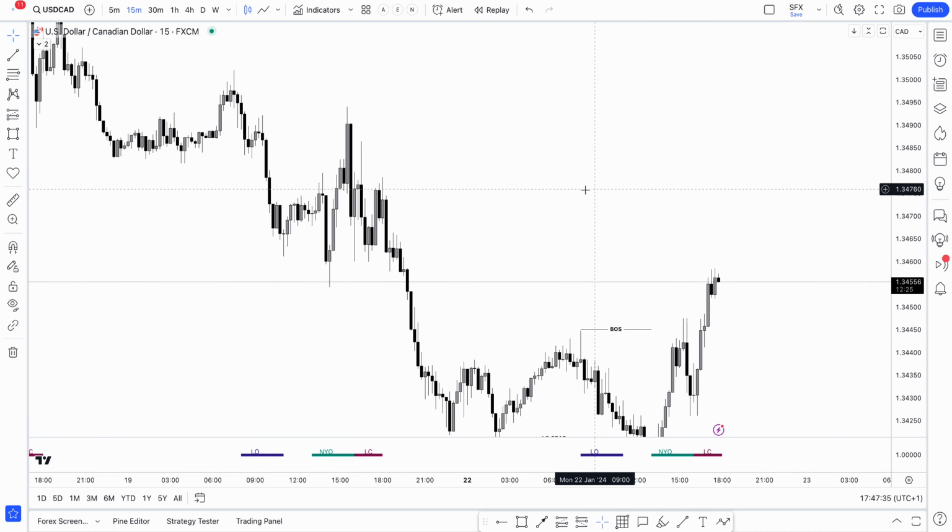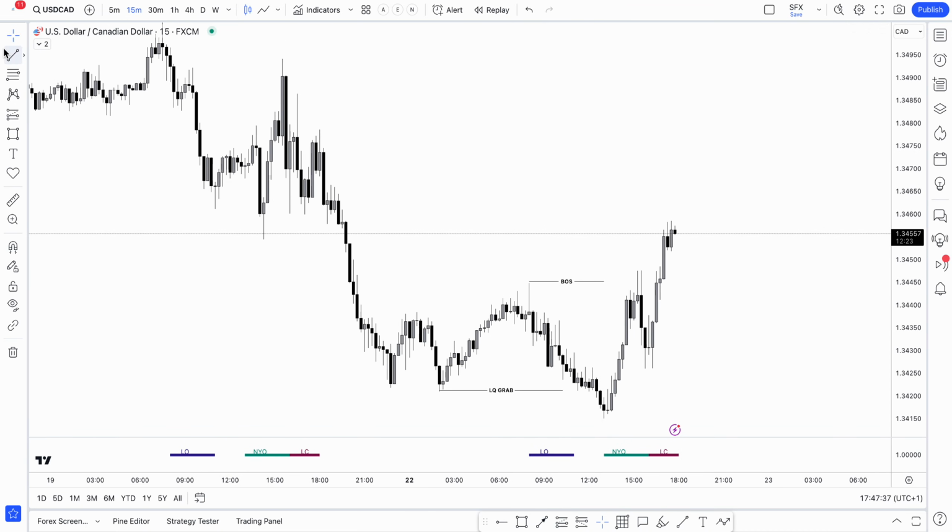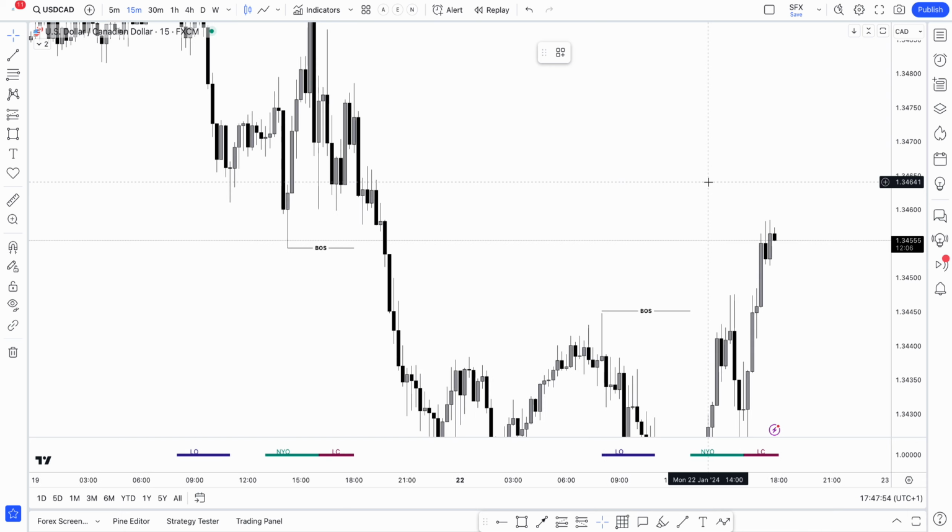Now, the next point of interest can be, like we had a breakout, so we had a BOS there, right? The last point of interest can be this order block. So this is the last bullish candle prior to this sell-off. Okay, we have a small imbalance inside of it. Let me just stretch so you're gonna see perfectly.